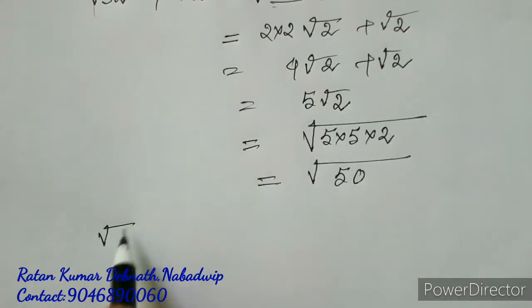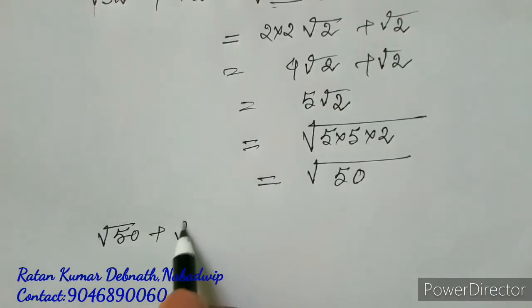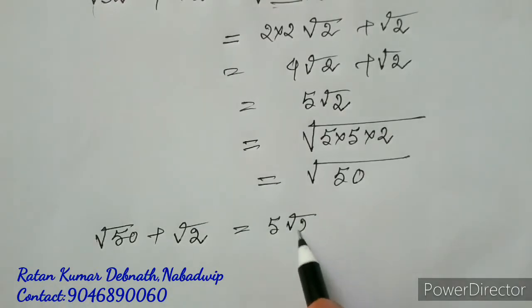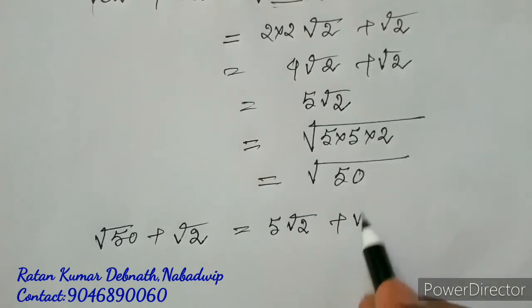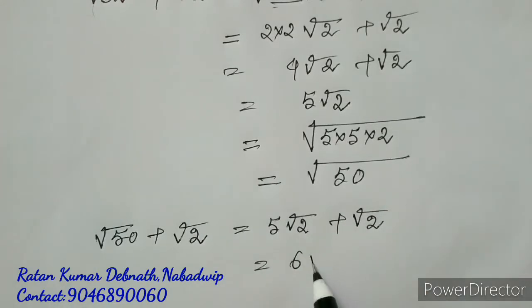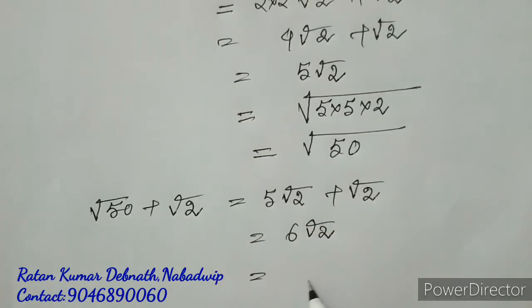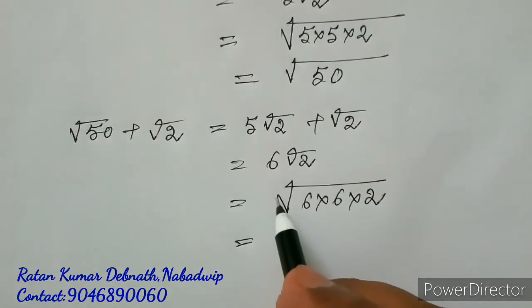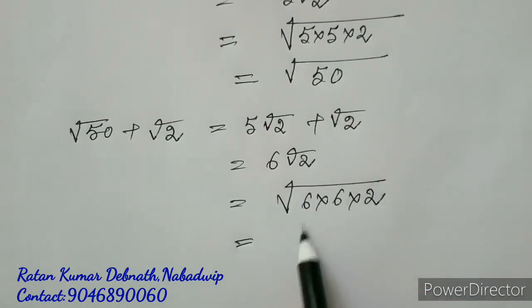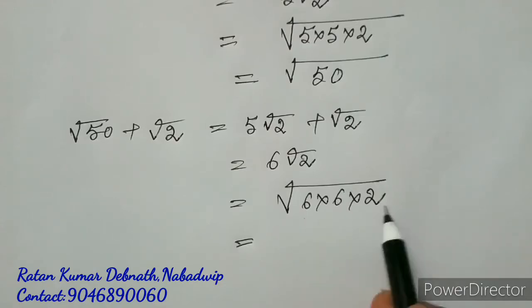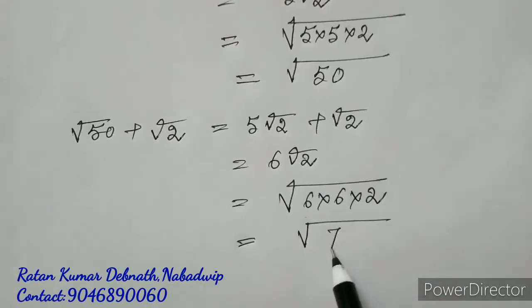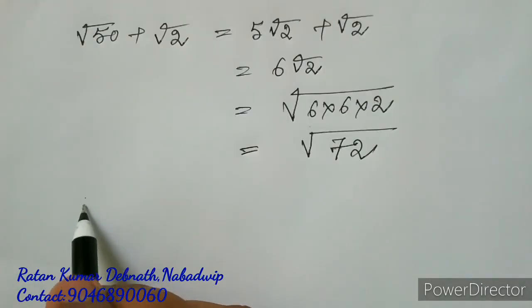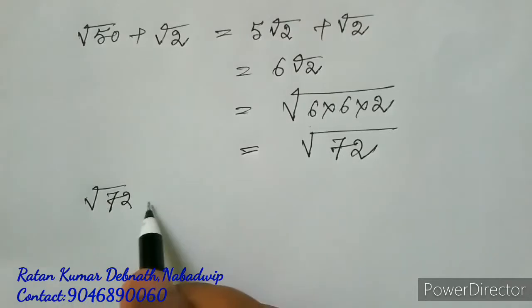Now root 50 plus root 2 results in 5 root 2 plus root 2 equal to 6 root 2 equal to 6 into 6 into 2. If we take 6 within the root symbol, then it will be 6 into 6, so 72.